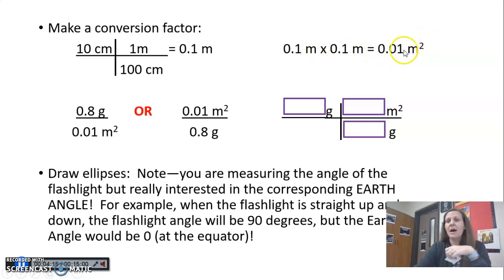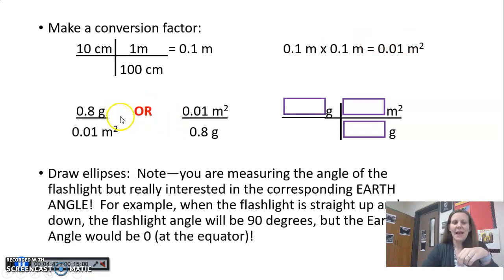So now we have this one area, which was first 10 centimeters by 10 centimeters, is now equal to 0.01 meters squared. This is our known, and now we know how much it is in meters squared. Okay? Hopefully you are with me so far.